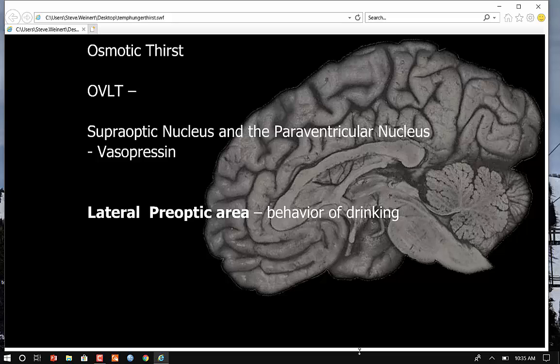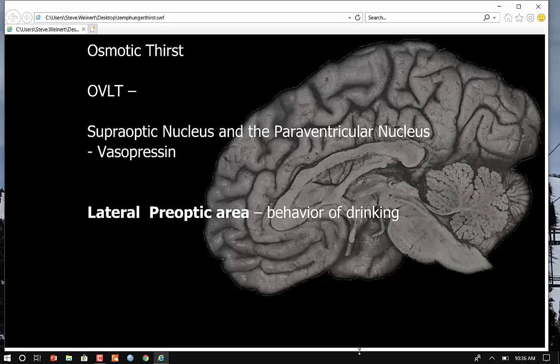When salt is flowing in, it increases blood pressure. When salt is flowing out, what does it do? Lowers blood pressure. All has to do with the balance of salt. Depending on the way that the salt's flowing across the membrane, it changes the way that the vasopressin is activated.